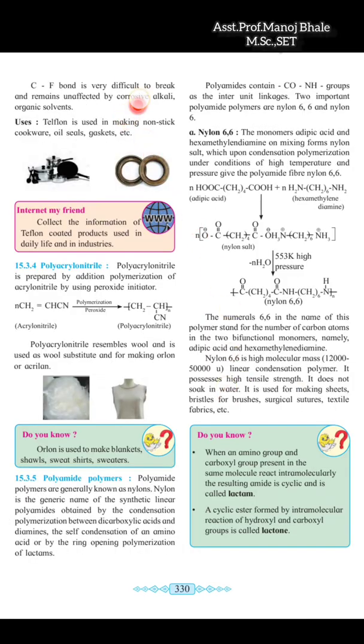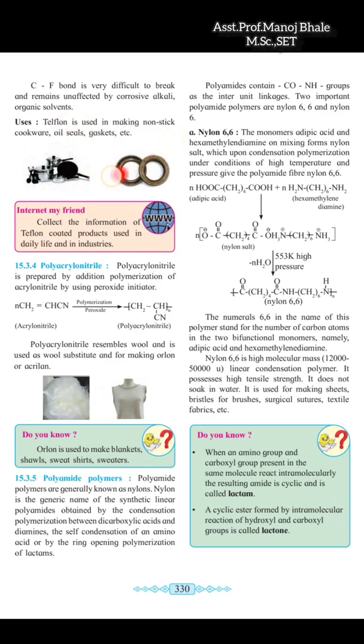Teflon has a carbon-fluorine bond which is difficult to break, and it remains unaffected by corrosive alkali or organic solvents. Now, what are the uses of Teflon? Teflon is used for making non-stick cookware, and also for oil seals or gaskets.